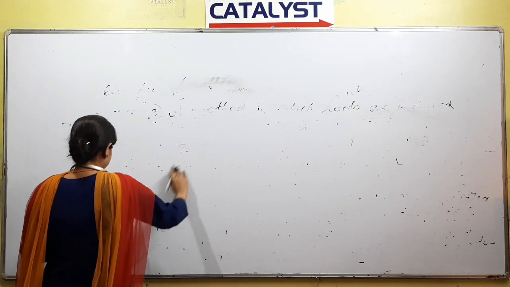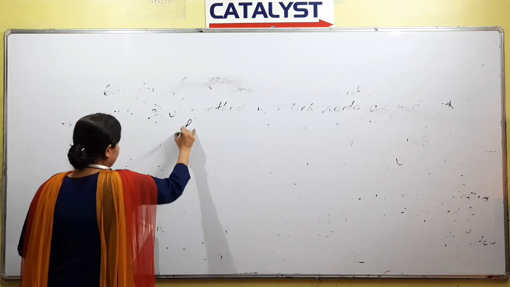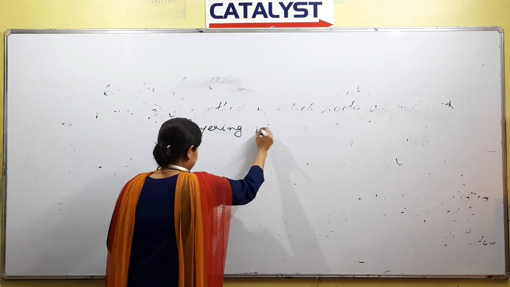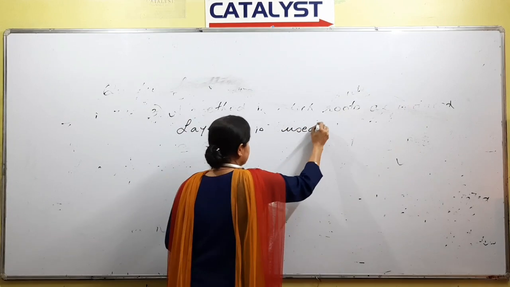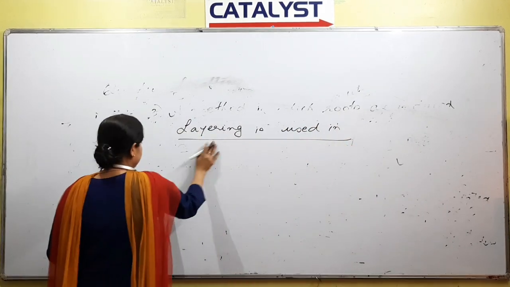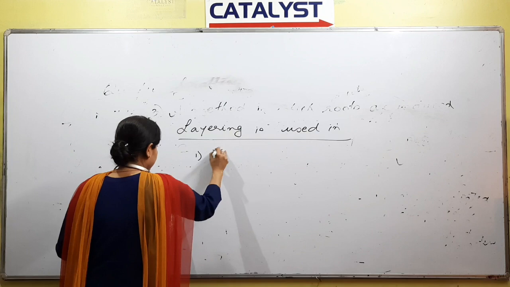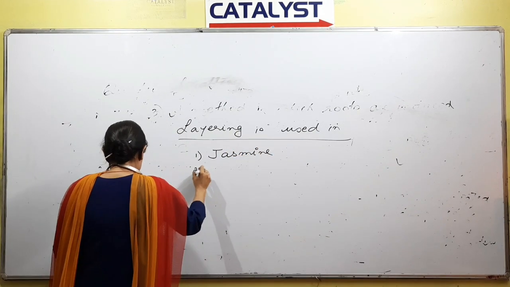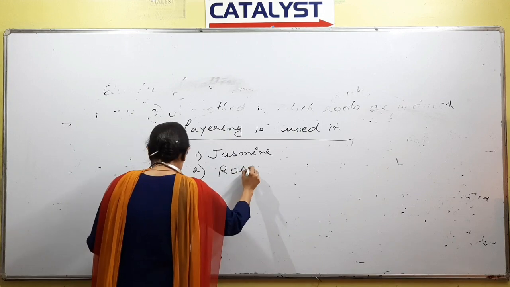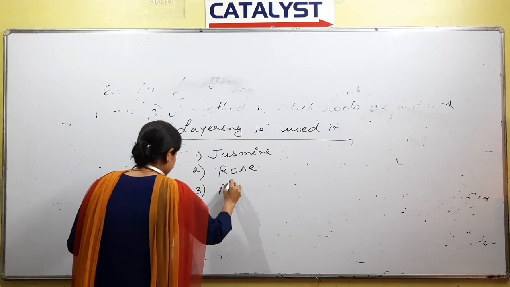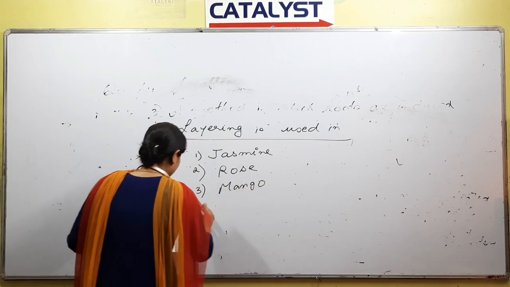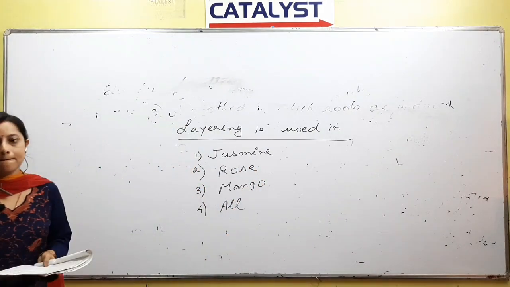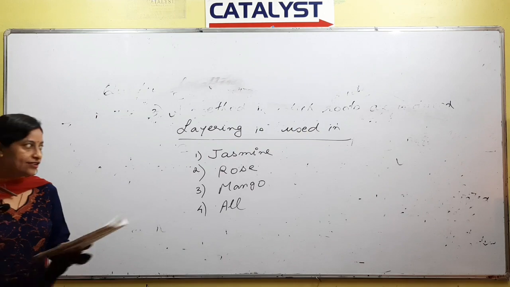Next, layering is used in, you have given some examples. Jasmine. Layering is used in jasmine, rose, mango, or all. Layering is used in a creeper-type plant.